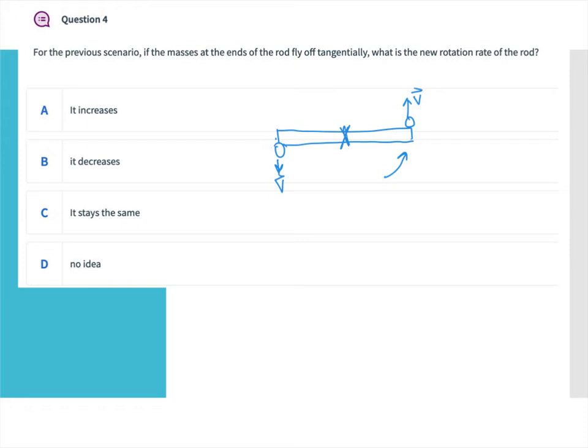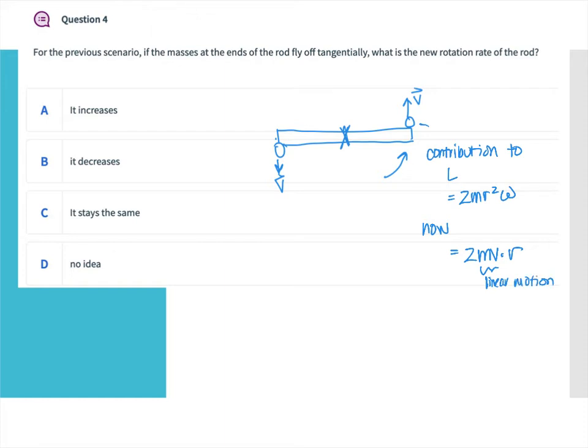Before, we thought of their contribution to the angular momentum as 2 times their mass times their radius squared times omega. But now we can write their contribution as 2 times their mass times their velocity times their radius, because now we think of them as moving linearly.